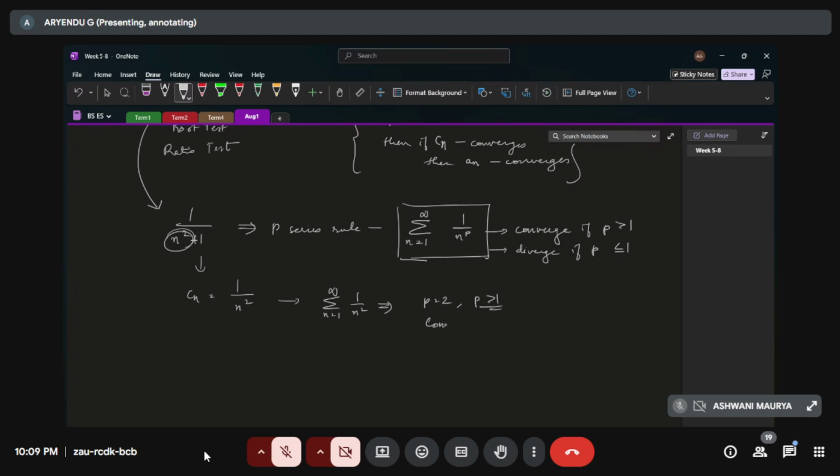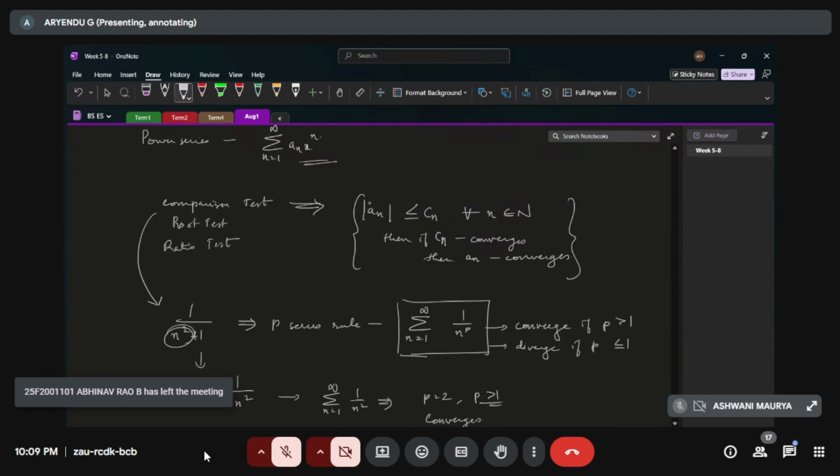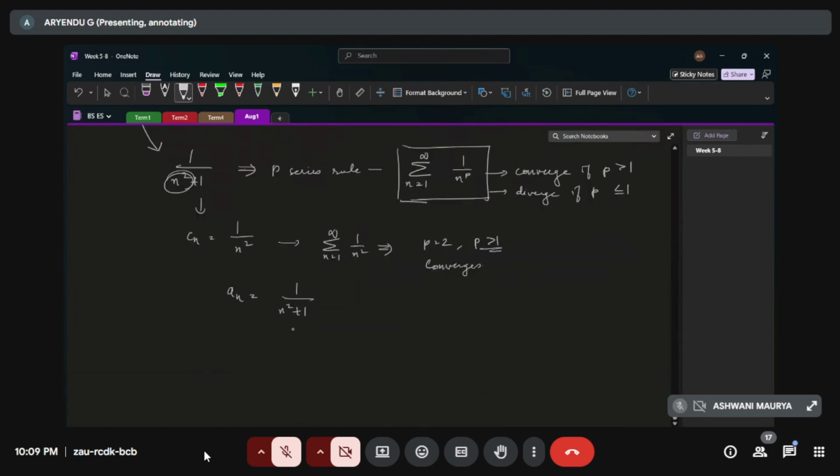So we can say that this series converges. And since our question is 1 by n square plus 1, because of the 1 in the denominator, a_n will always be smaller than c_n, which is what we want for the comparison test. Since, as per the p series rule, c_n converges, a_n will also be converging.